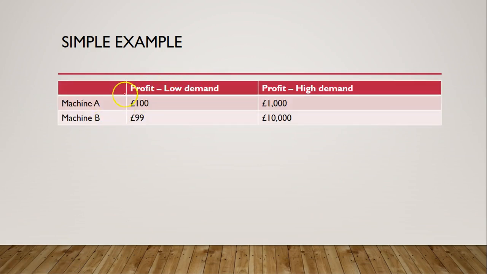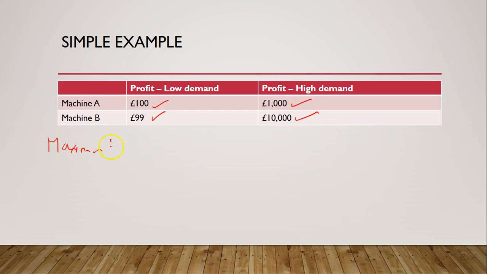We have two machines. When we have low demand, we get £100 from machine A and £99 from machine B. When we have high demand, we get £1,000 from machine A and £10,000 from machine B. Now, let's talk about what the maximin person would say.